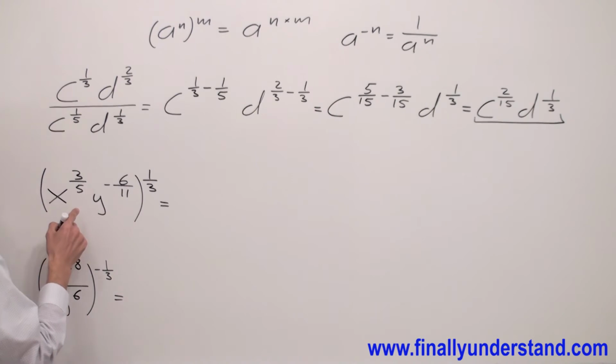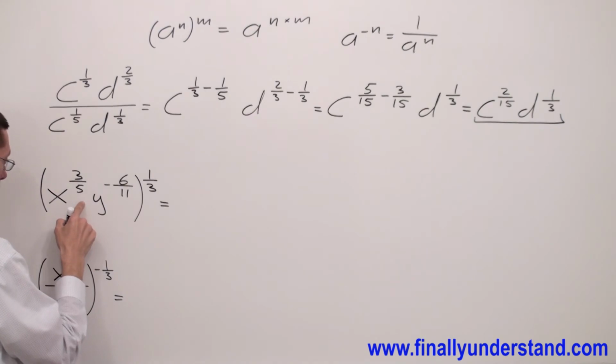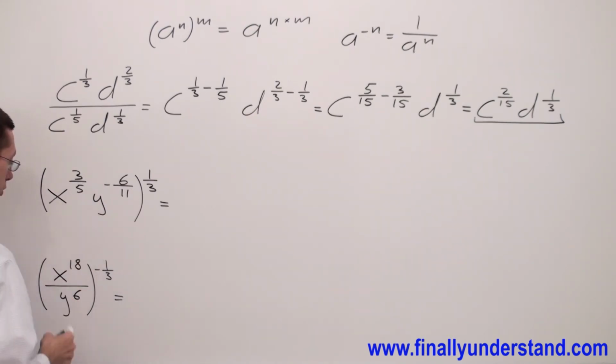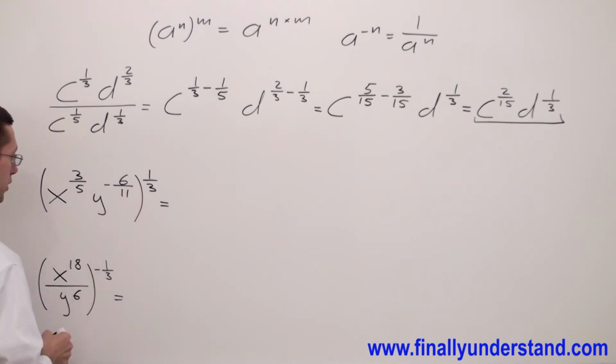Let's take a look at this example. Anytime I have multiplication, I have a product in the parentheses, and I have an external exponent, I'm supposed to multiply that exponent by every single exponent inside of the parentheses.